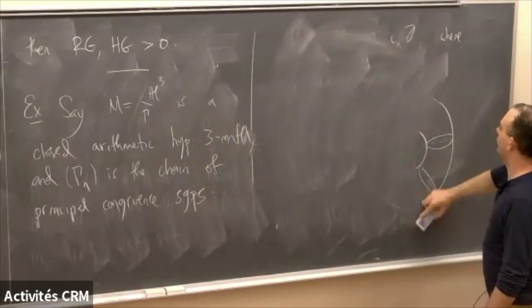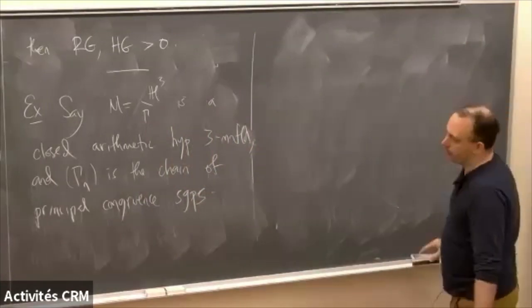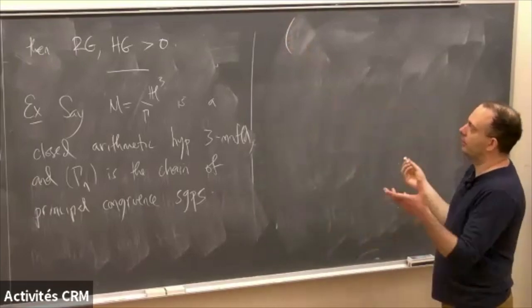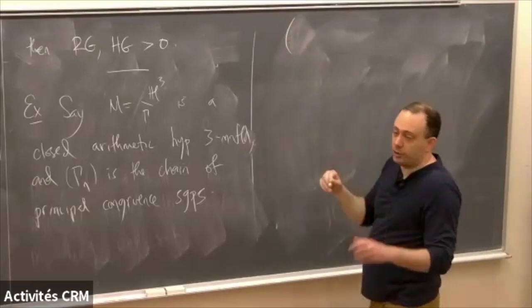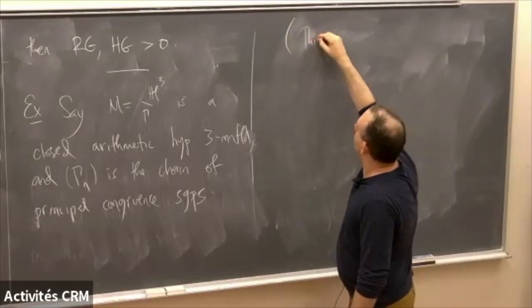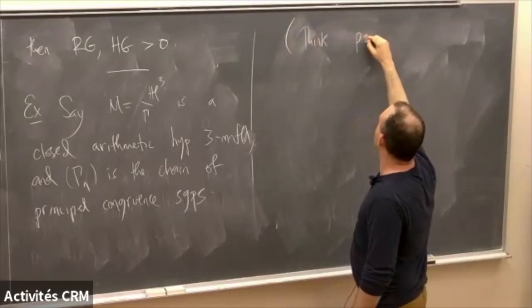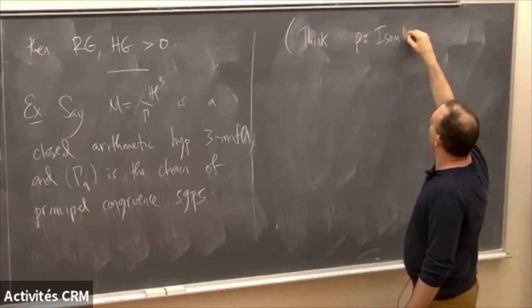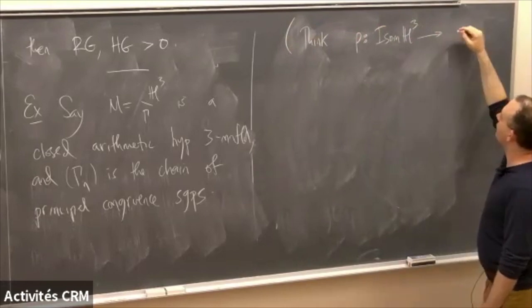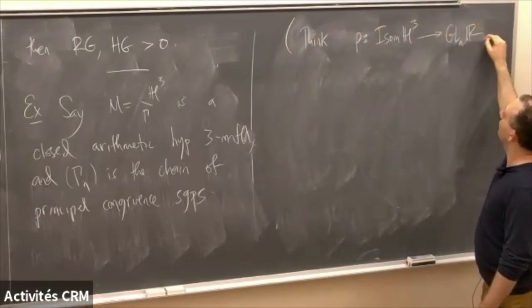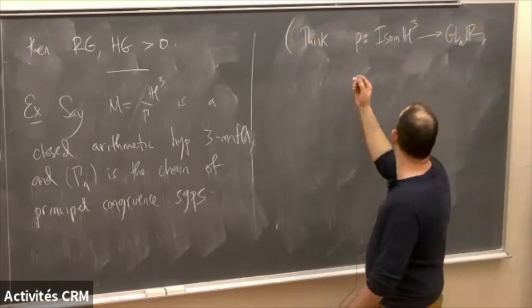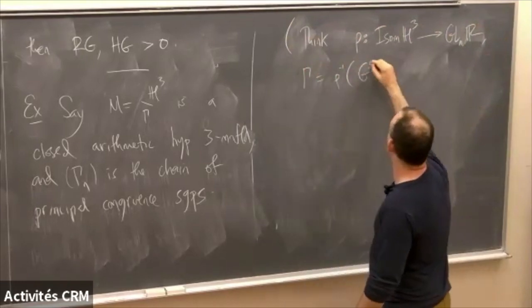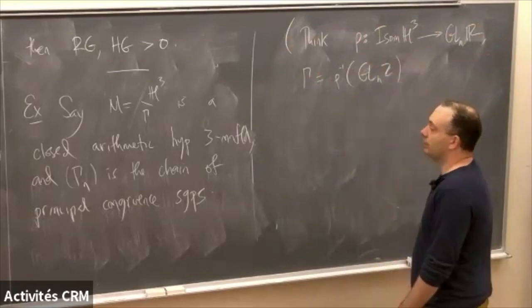If you're familiar with the arithmetic language, then that's great. Maybe if not, maybe I'll lie a little bit, but the picture that you should have in mind is the following. Think that you have some way of taking isom of H3 and taking a representation of it into GL_N(R). And then you should think of gamma as like the row inverse of GL_N(Z).